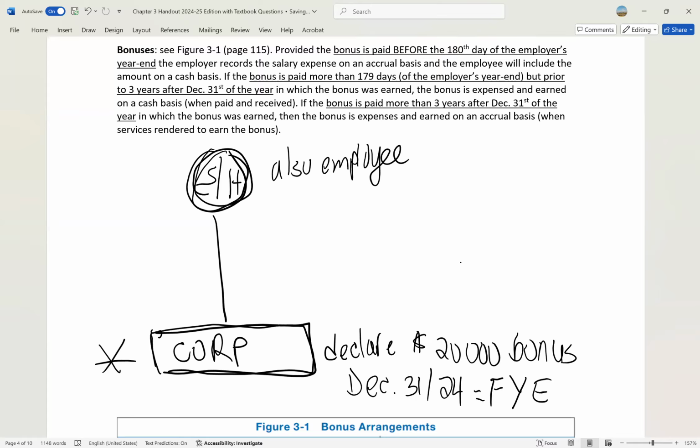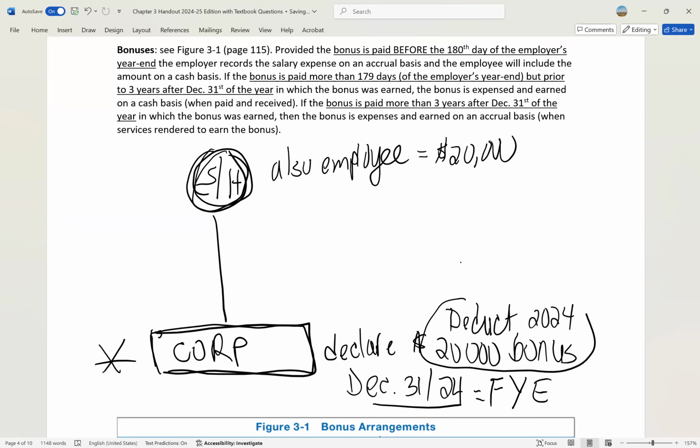Let's say we get to the corporation's fiscal year end, which is December 31st, 2024. And let's say for this employee, who's also the shareholder, they declare this $20,000 bonus. So the corporation will get to deduct this bonus in 2024.